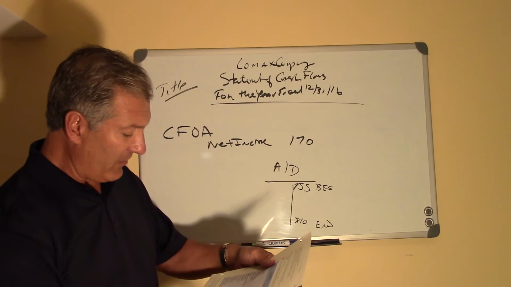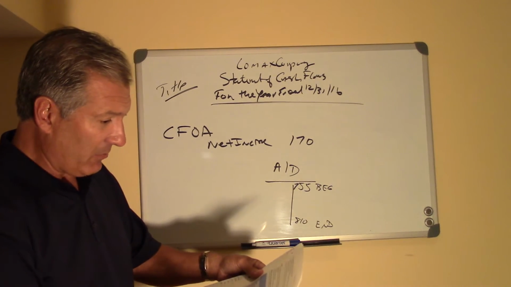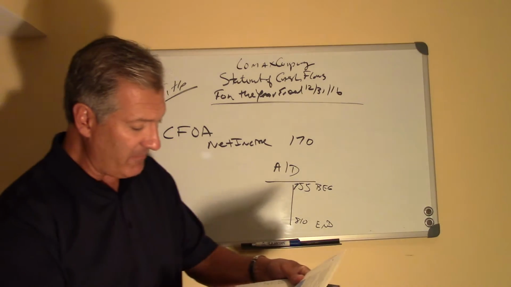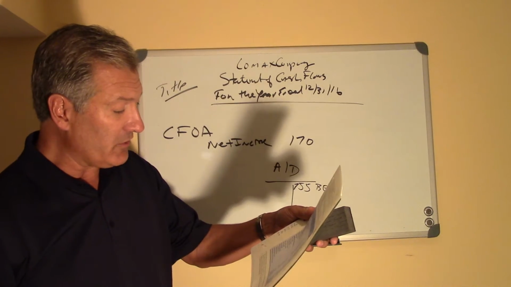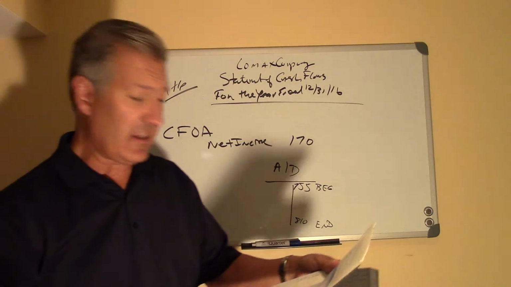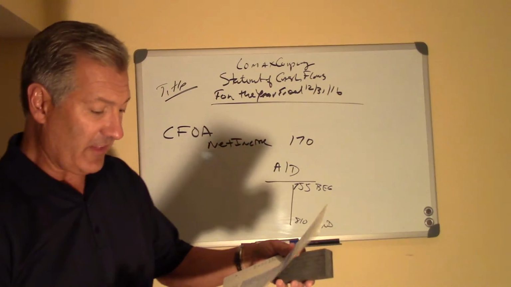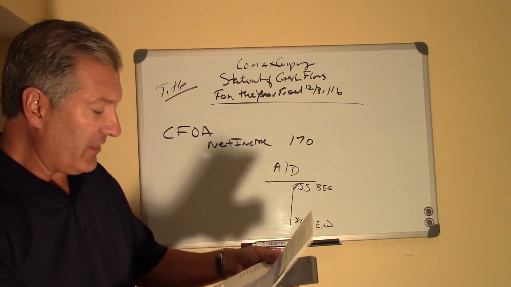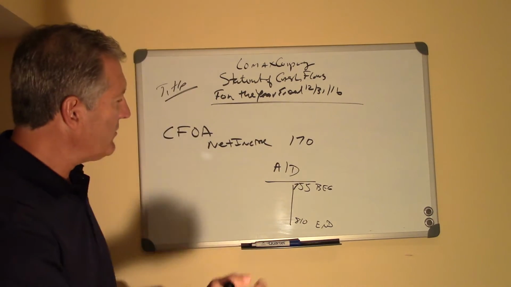So if we look at the additional information that's provided to us in this problem, the bottom of page 595, Item C, it states equipment was sold during the year for $70,000 cash. The equipment had a cost of $130,000 and had $40,000 of accumulated depreciation. What does that mean?